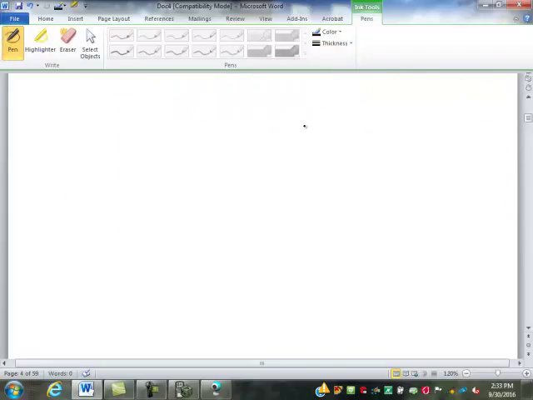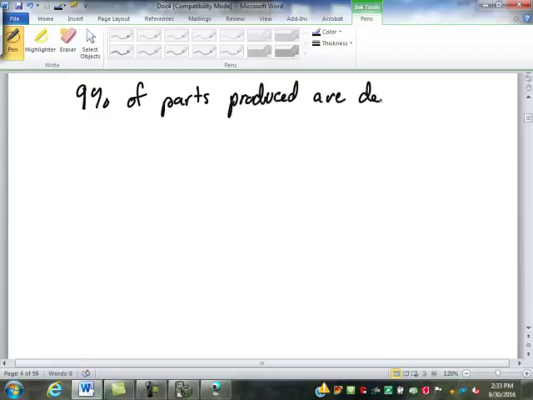Okay. Some of these problems are a little bit trickier than what we've been looking at. We can run into something like this where, let's say that 9% of parts produced are defective.